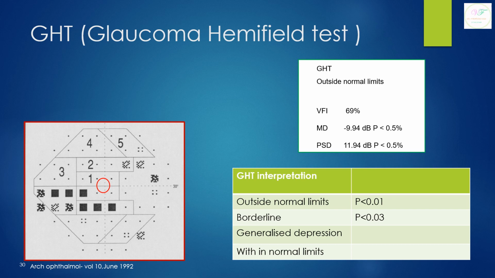So it is written either as within normal limits, or generalized depression, or when the difference between the upper and the lower half is not totally significant but is on the borderline, with a p-value of 0.03, it's written as borderline, and when it's very significant, it is written as outside normal limits.